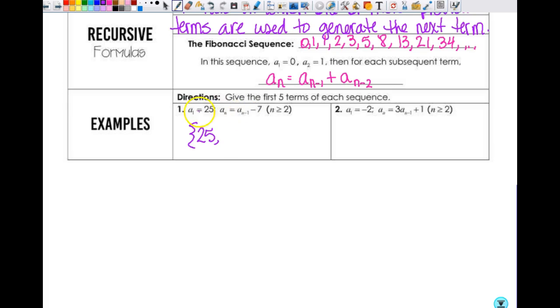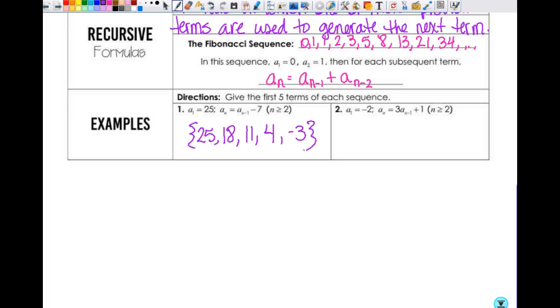So a sub 1, which is 25, minus 7. What's 25 minus 7? 18. And then I subtract 7 from that, and I get 11. I subtract 7 from that, and I get 4. And then when I subtract 7 from that, I get negative 3. Those are my first 5 terms.